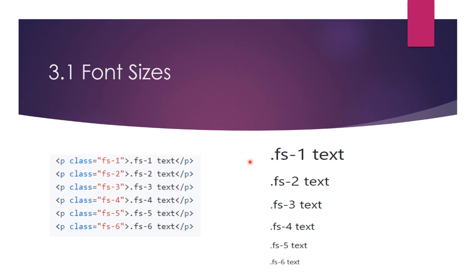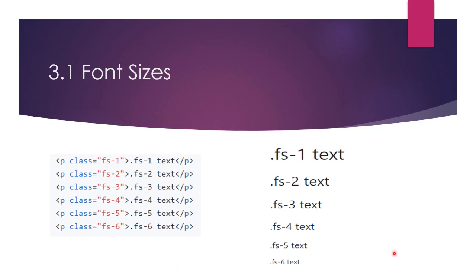It's just going to make the text look bigger depending on the value of the font size you want to give it. FS-6 is going to enable the smallest font size. So just like headings and display headings, Bootstrap font sizes also range from 1 to 6.